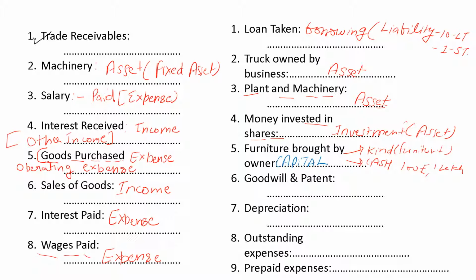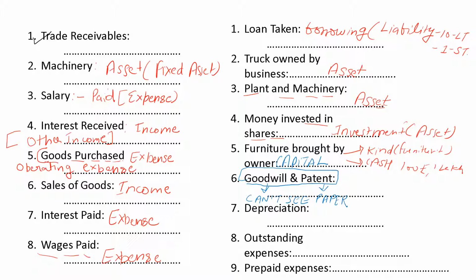Goodwill and patent, both are intangible assets of the business because both cannot be seen and cannot be touched. Goodwill or reputation we can't see, and a patent for any design or technology is also a mere paper.